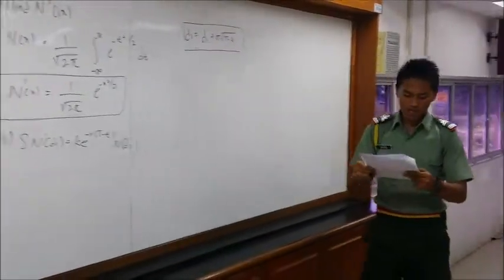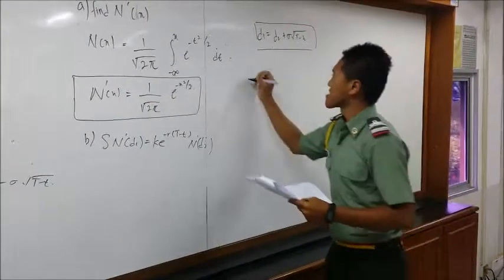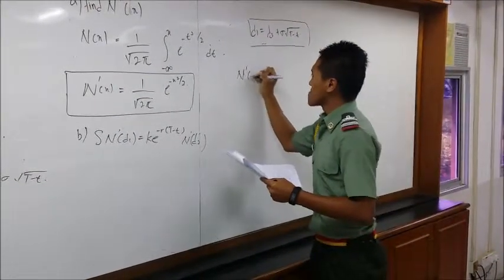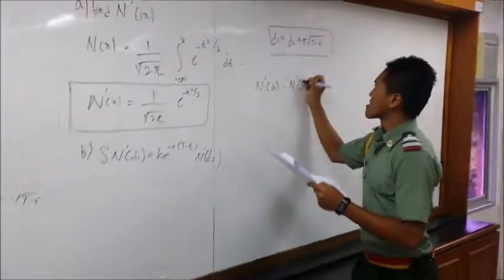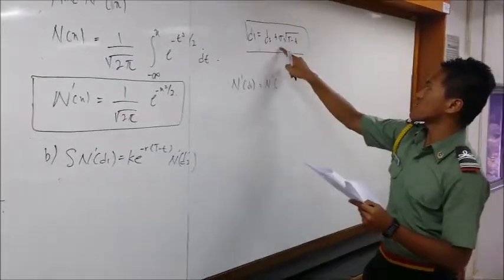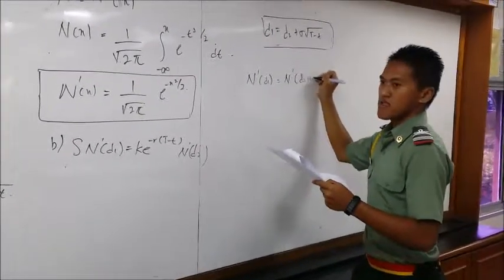We can find the N prime d1. Just substitute into N prime. We know that d1 equals d2 plus sigma square root of (T minus t), right? So we just substitute that.